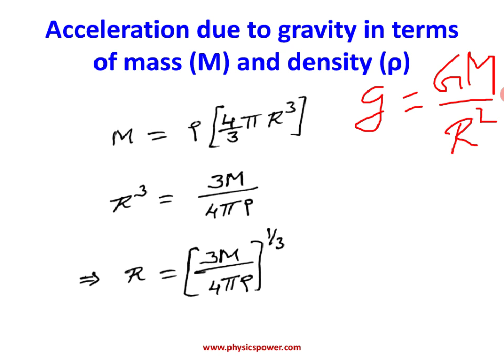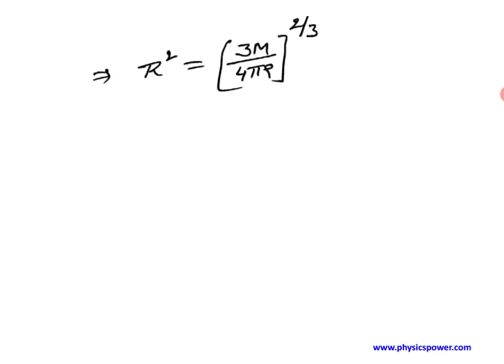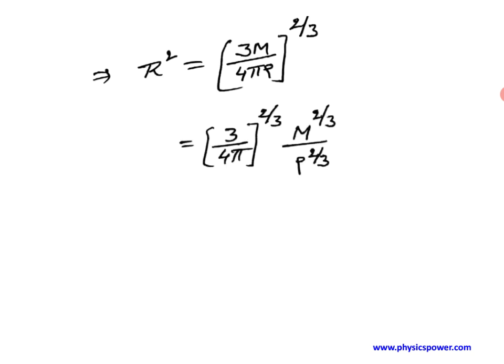If we substitute r, again we have to do the square. So instead of substituting r, if you substitute r square directly, we can apply square on both sides. Then r square equals (3m by 4 pi rho) whole power 2 by 3.